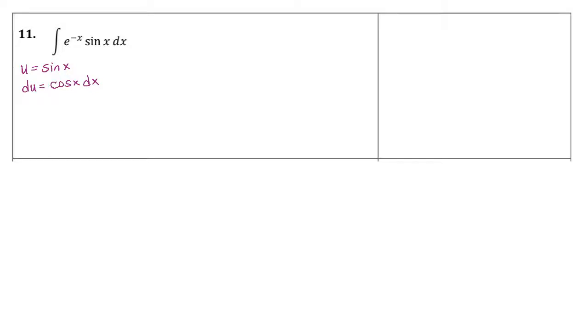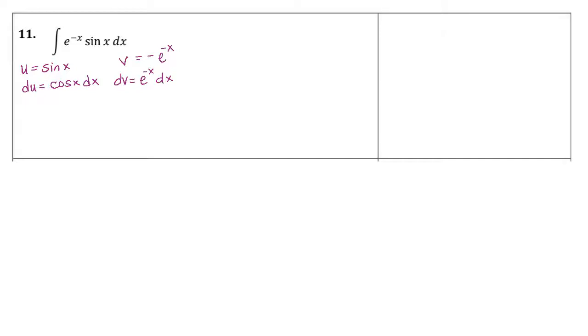And then let's see, we're going to have dv, which is going to be e to the negative x dx. And so if I integrate that, then we're going to have negative e to the negative x. And so now we're ready to set up our integration by parts, but it looks like we might end up going in a circle again.